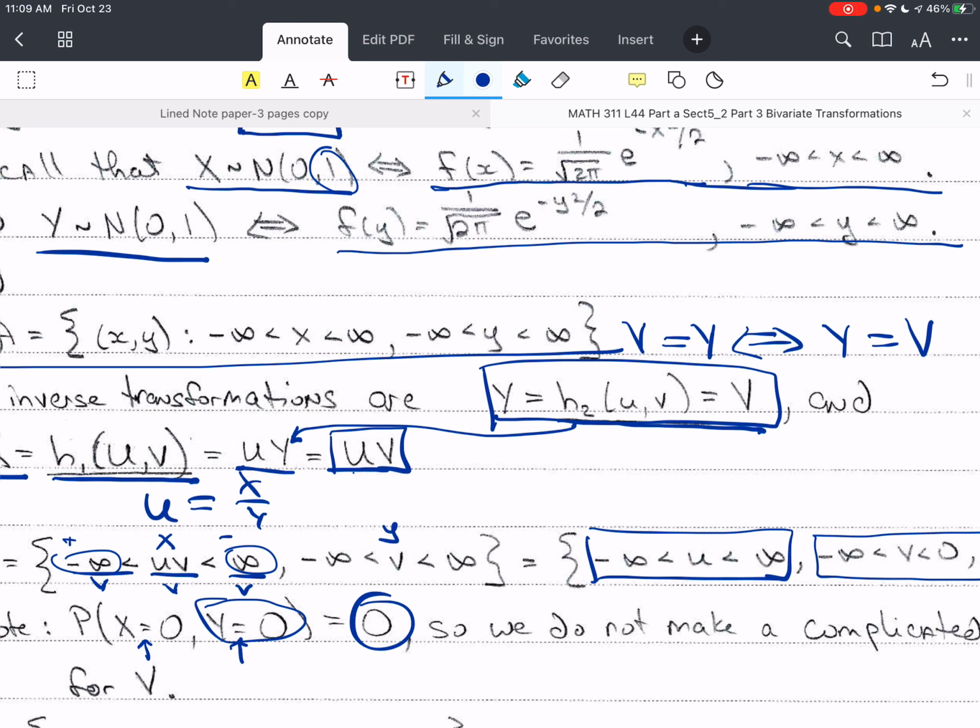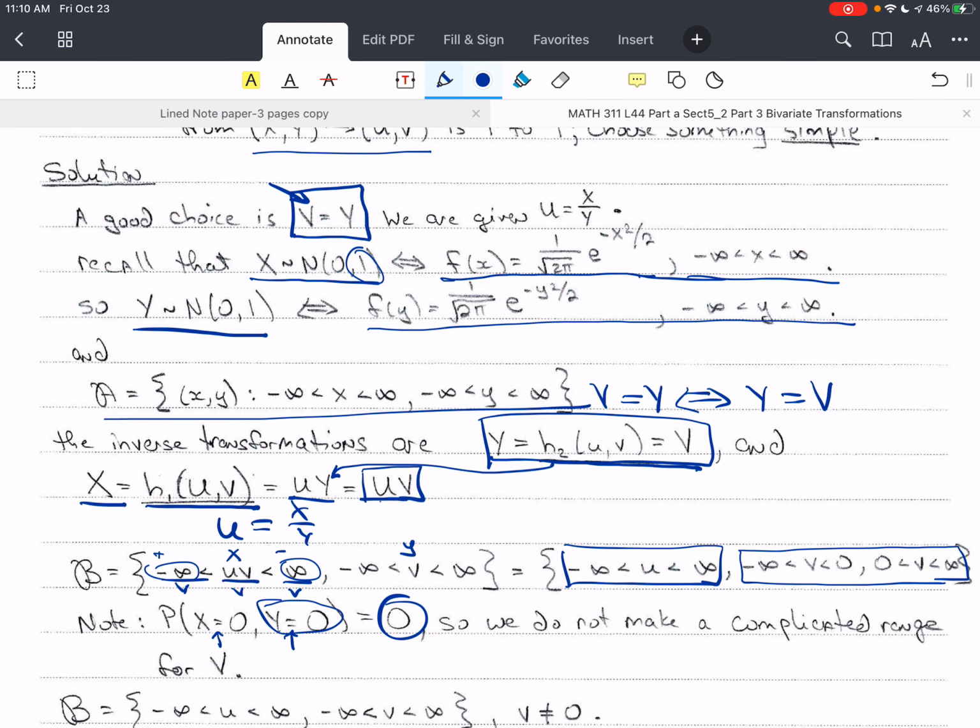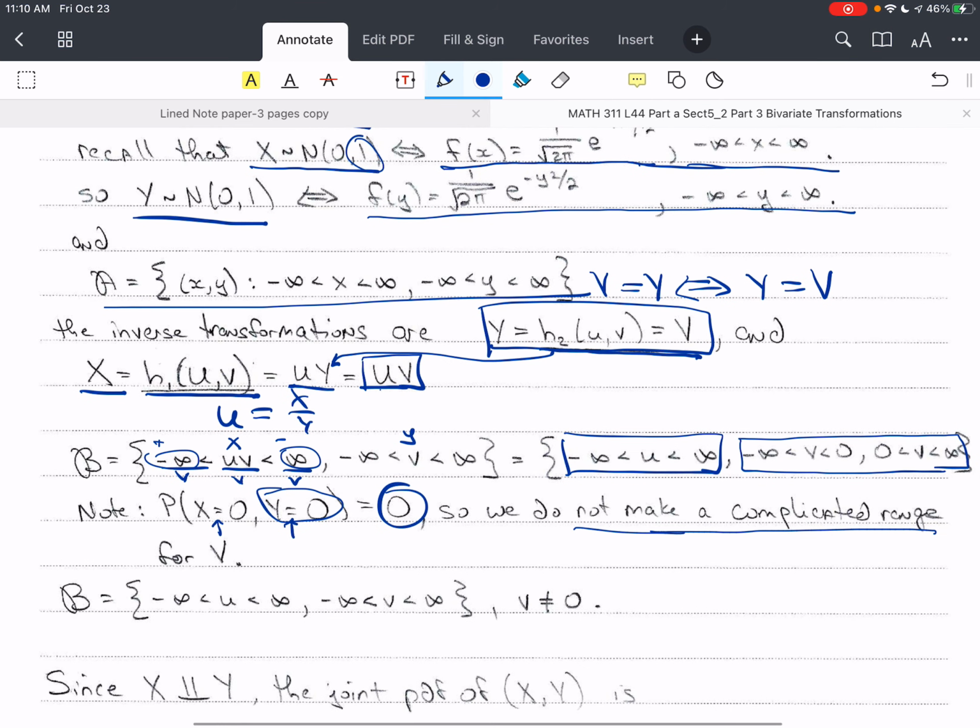So since we know that this probability is 0, it's unlikely to happen, so we do not make this a complicated range for v. We go back to just u is between negative and positive infinity, v is between negative and positive infinity, and we make a note to ourselves that v is not equal to 0.